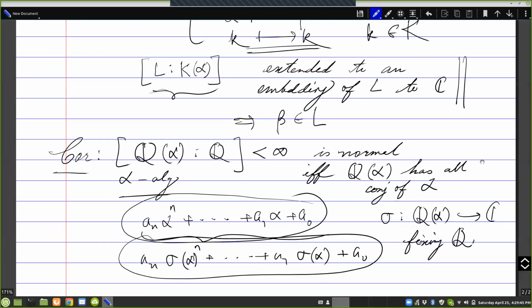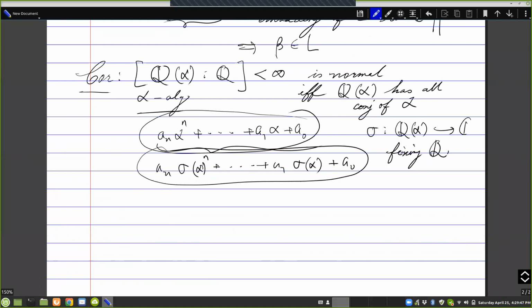As a consequence, suppose you consider the polynomial z to the power n minus 1 equal to 0, and you take omega a root of that which is not equal to 1.